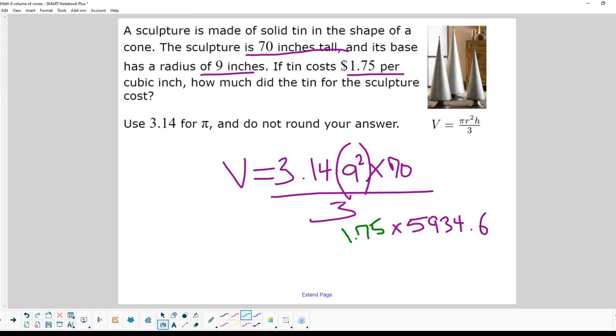So we have a calculator. 1.75 times 5,934.6 equals $10,385.55.